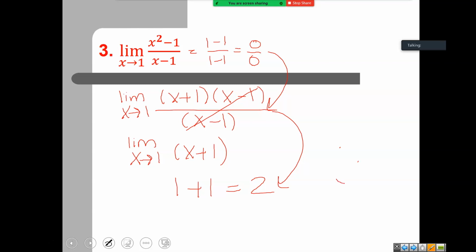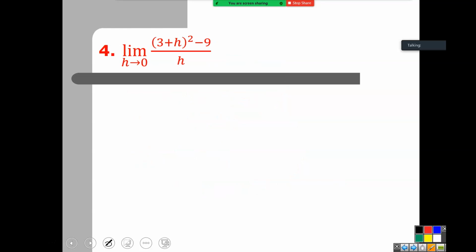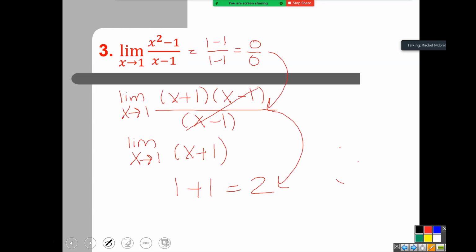Stop yelling at me. What's the next question? It changed pages on me and I didn't need it to. And now I think this is going to be yellow. Oh my gosh.